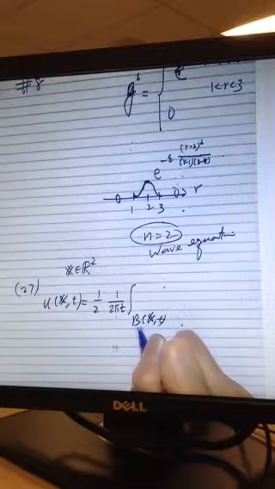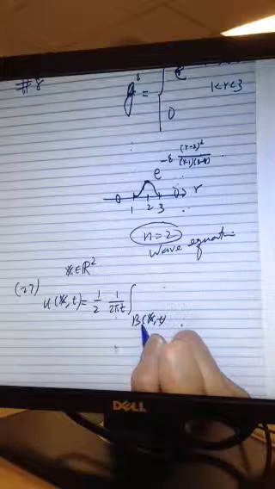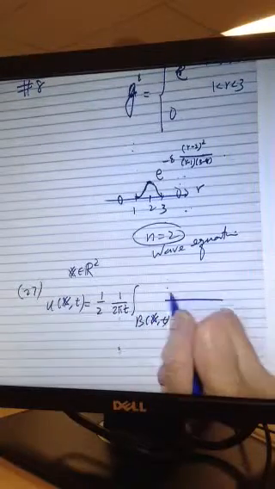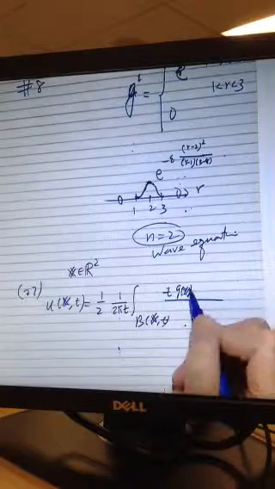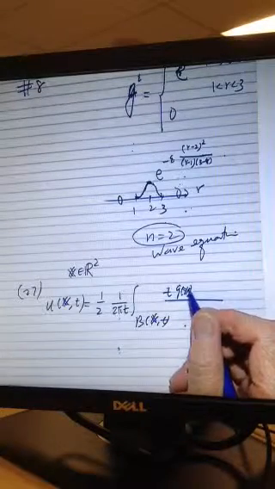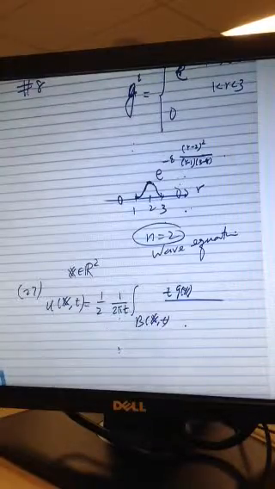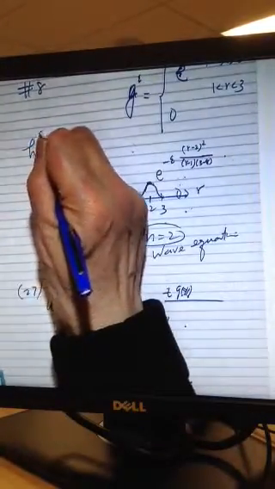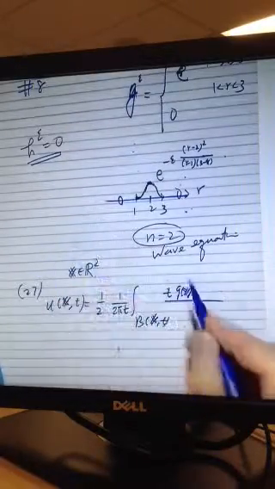Note that this is on the ball, not on the boundary. This is different than a ball. And t g(y). I think that h is 0. Yeah, h epsilon is 0.